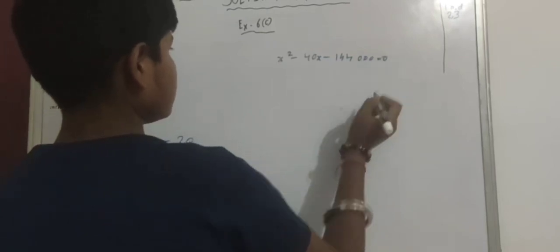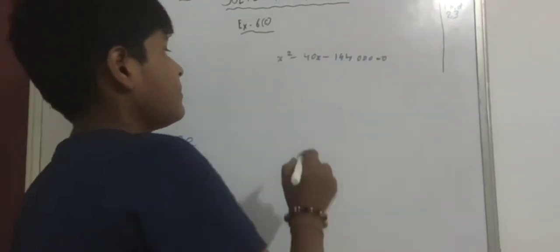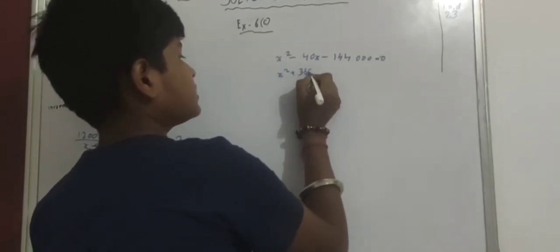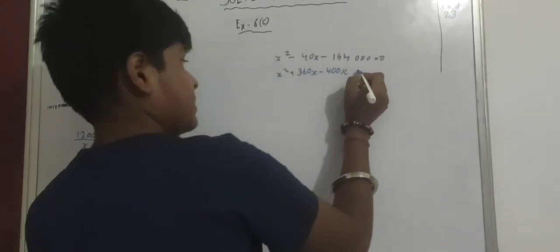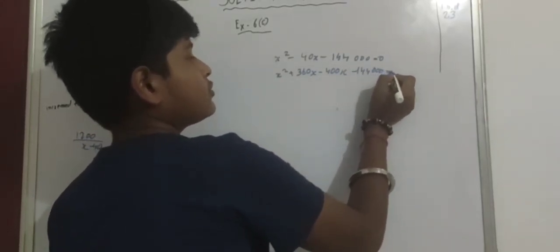So now we have to do the middle term split of this. x square plus 360x minus 400x minus 14400 equals 0.